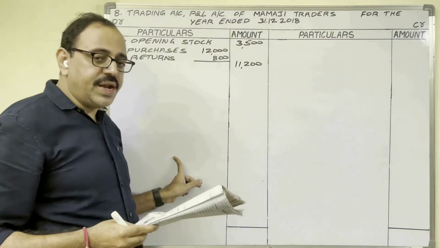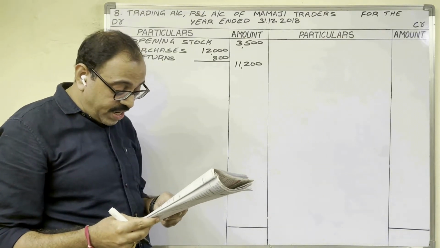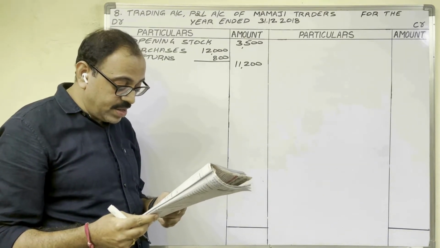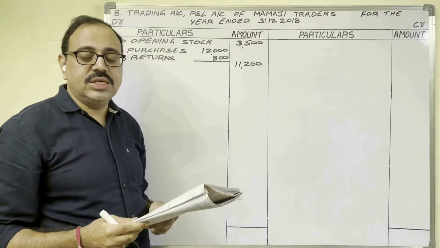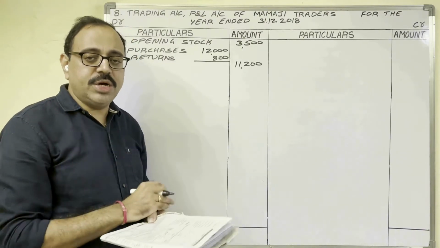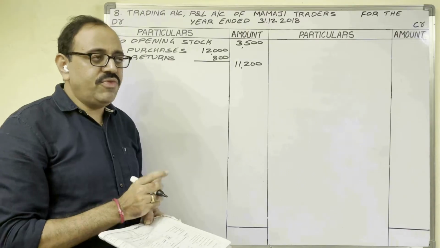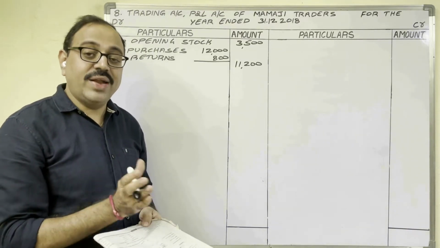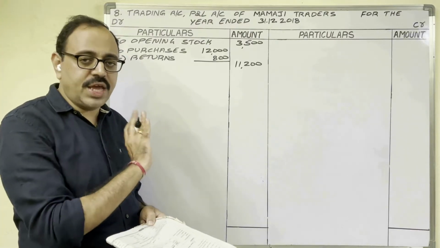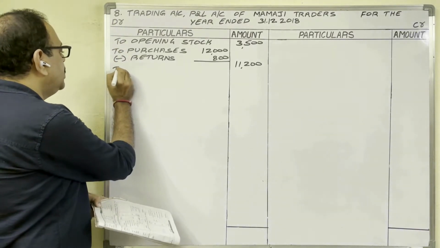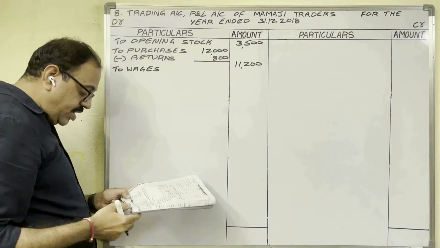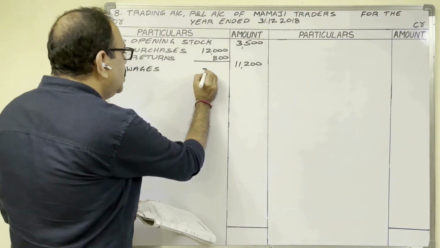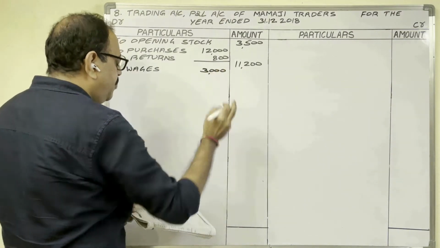Next, other direct expenses. Debit column of trial balance, purchases, cash at bank, cash in hand, wages. Wages we pay to labor who work in factory. So factory related expenses are manufacturing related expenses, direct expenses, therefore trading account debit side. To wages, adjustment is given, therefore wages amount 3,000 rupees in inner column.